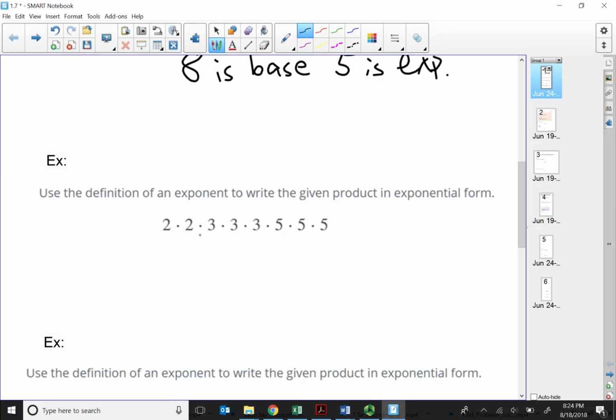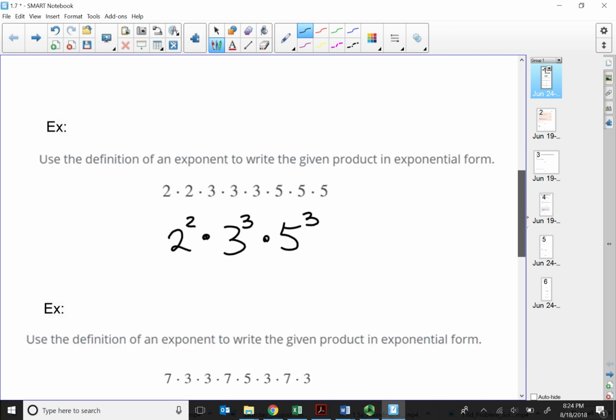If you ever have questions, please contact your instructor to let them know how to key in exponents. So I see 2 times itself 2 times, 3 times itself 3 times, and 5 times itself 3 times. This is how we will write it in exponential form.